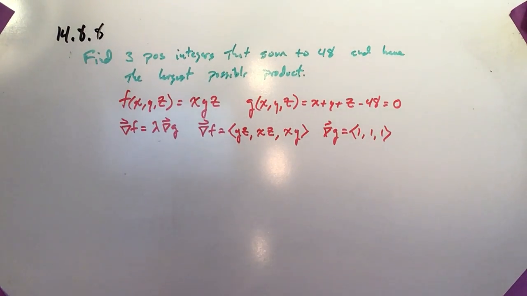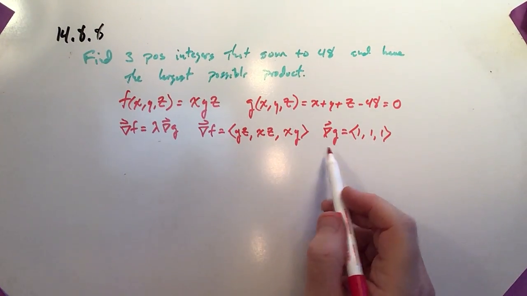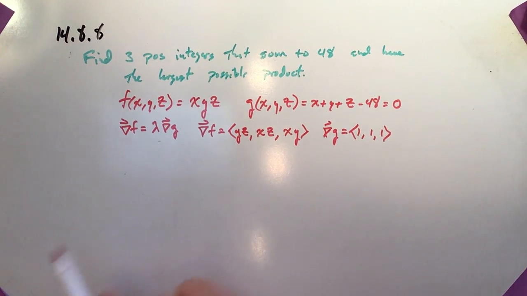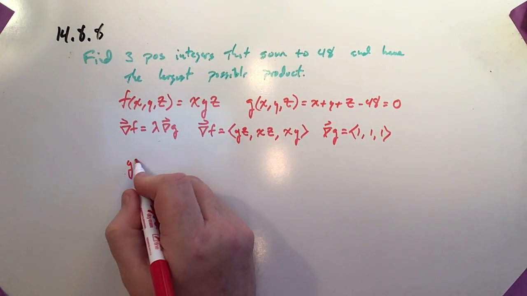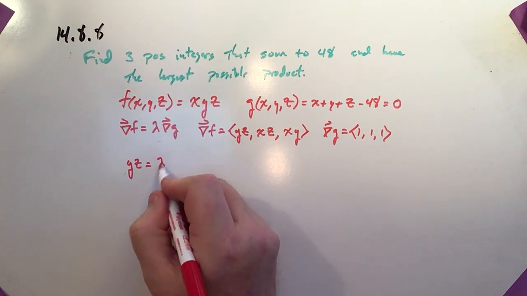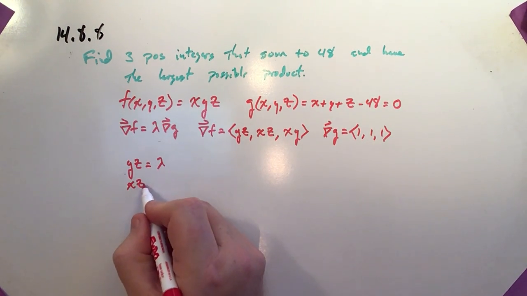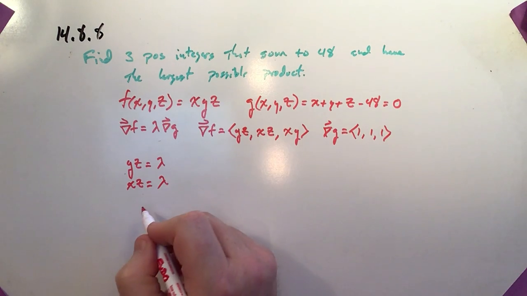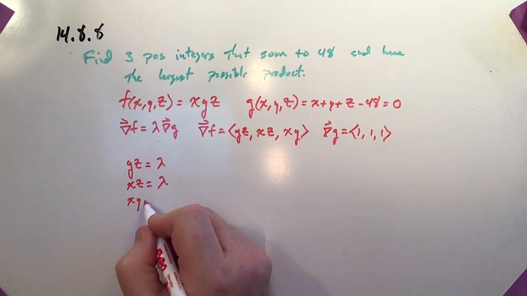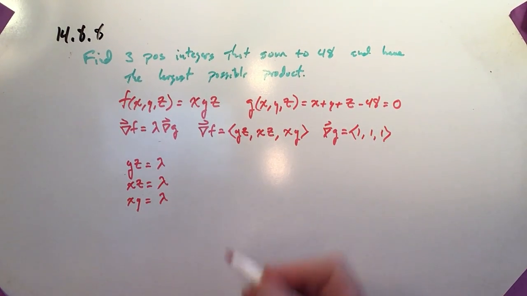Okay, this produces a pretty easy set of equations with the Lagrange multiplier in it, and that is that yz equals lambda, that xz equals lambda, and that xy equals lambda.